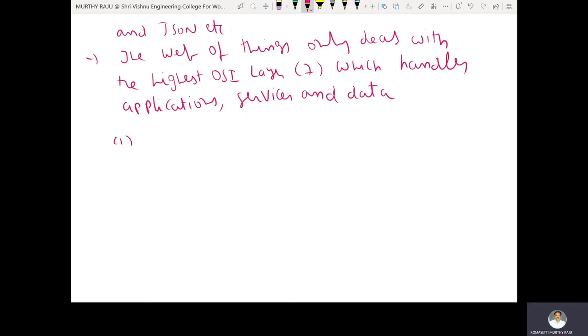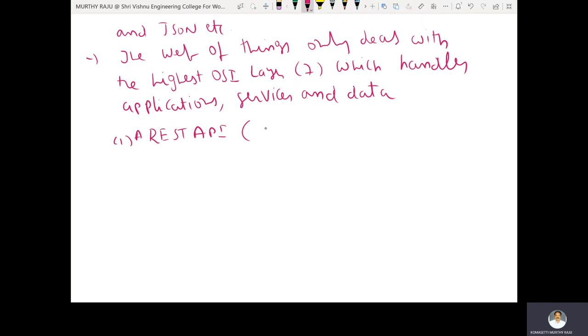REST API stands for representational state transfer application programming interface.